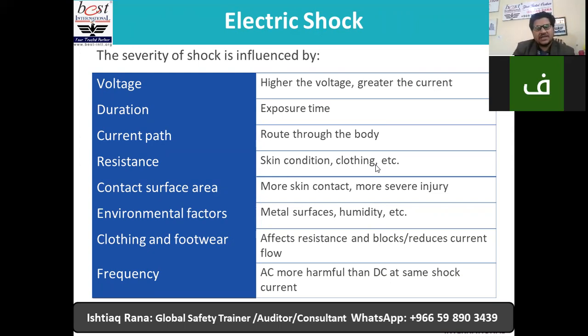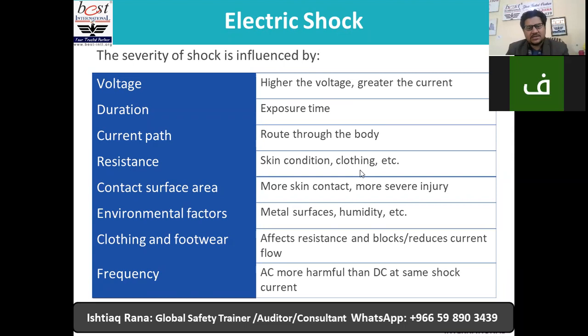Accordingly, the resistance would be there, because if your skin is weak, the resistance will be very less. If skin is strong, a little bit more resistance, which is required, by the way, to fight back against electricity. Even though it's hard to fight back, the stronger you are, the fewer the chances to die, God forbid.